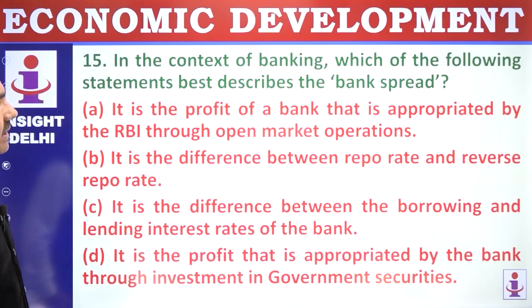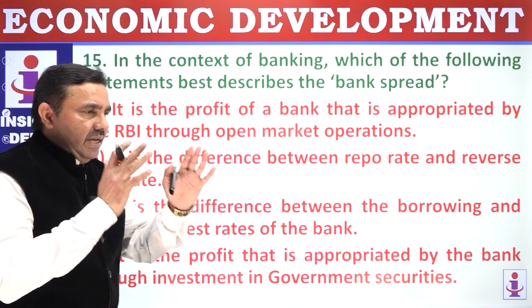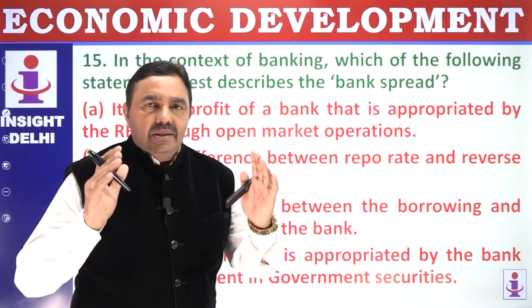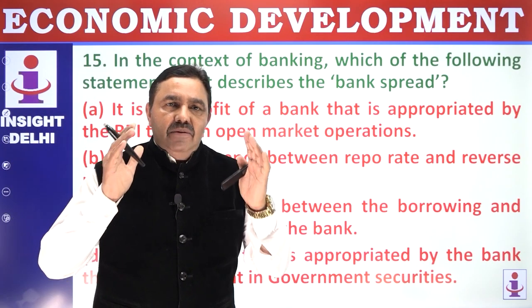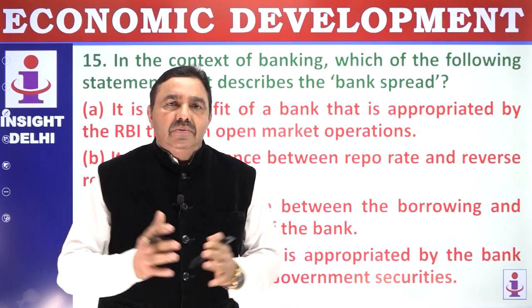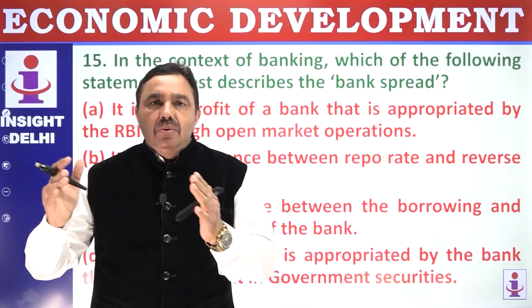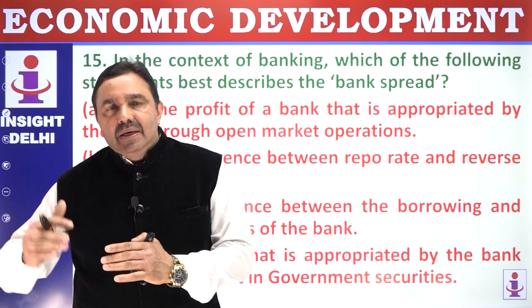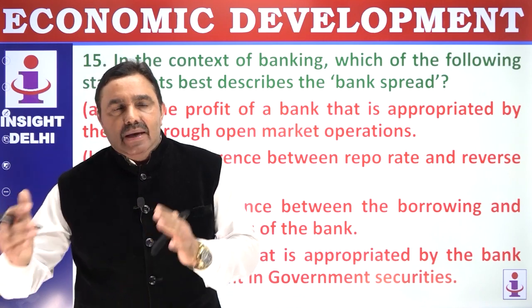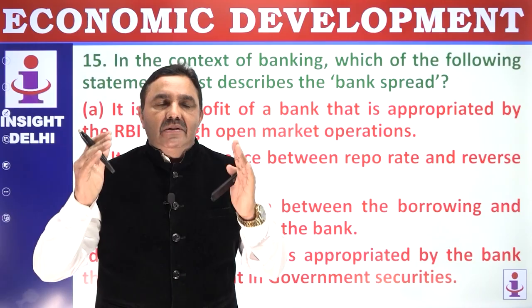In the context of banking, which of the following statements best describes the bank spread? Bank spread means banks are supposed to borrow funds from others, and for that they have to pay a particular amount of interest rate or particular cost they have to bear. And when borrowing is done, the banks are going to extend loans to others and they will charge a particular rate of interest.